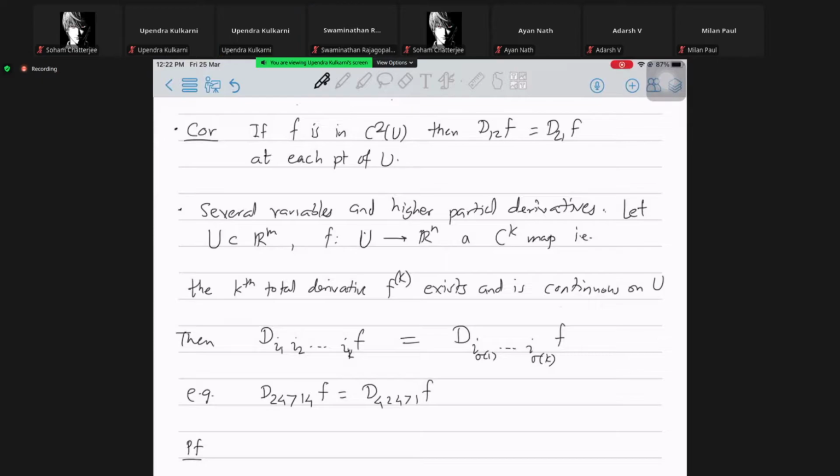So proof, I'll just take, maybe, m equal to 1, with component real valued functions. Let me not be lazy.